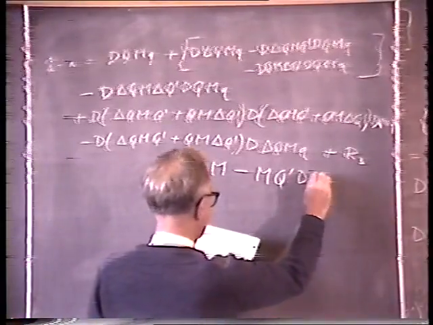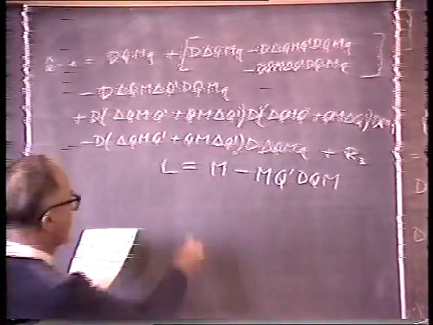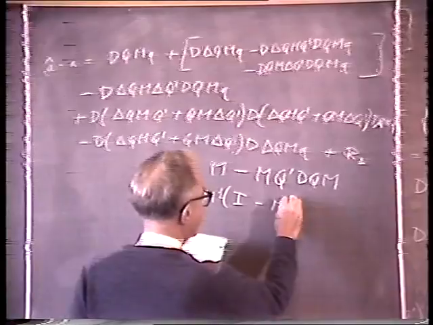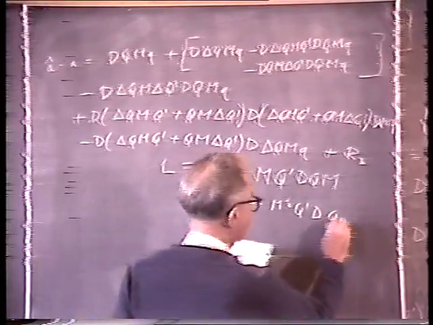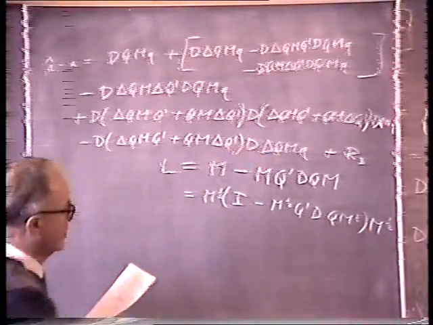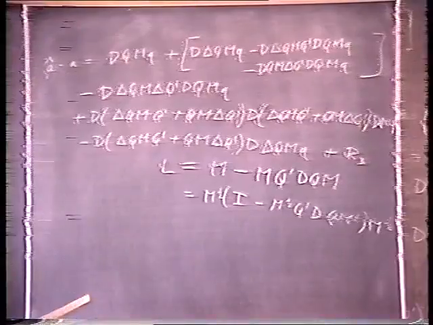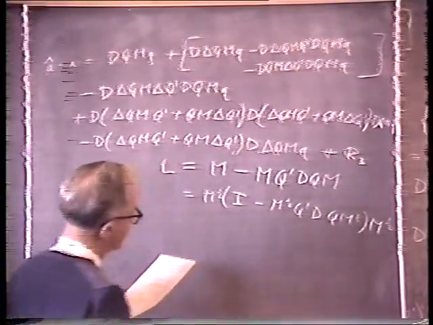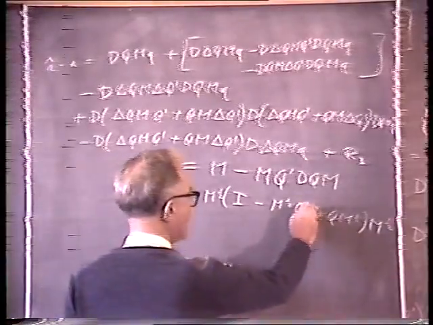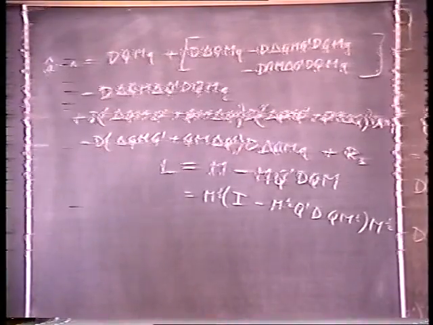m q prime d q m. You notice that in fact this is m to the half times I minus m to the half q prime d q m to the half, all multiplied by m to the half, and that it's easy enough to show that the last term in the bracket is an idempotent matrix, so the whole thing in the bracket is an idempotent matrix, which is one of the standard idempotent matrices which turns up in this kind of theory, is all I can say.